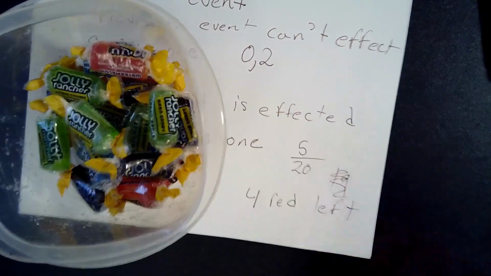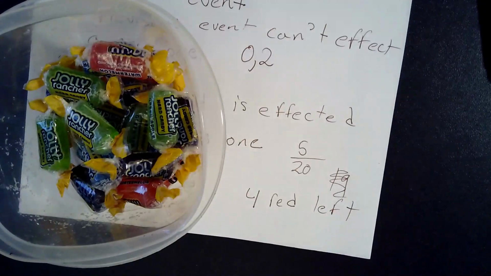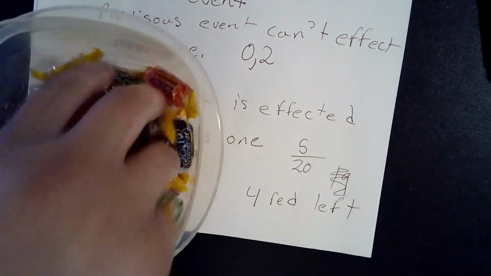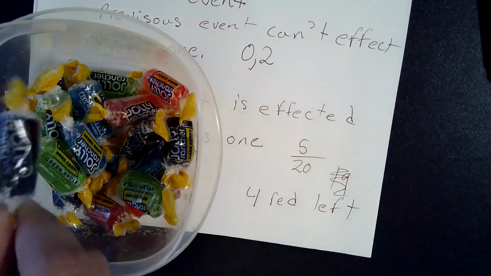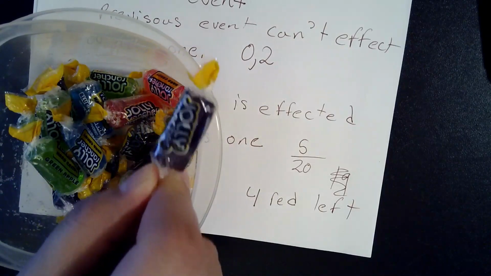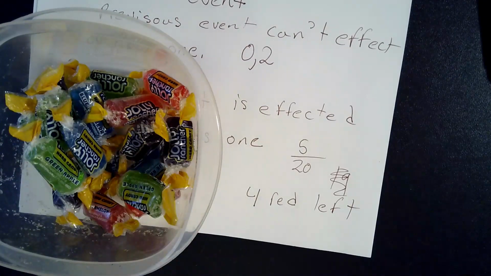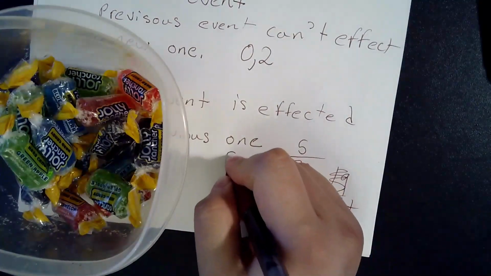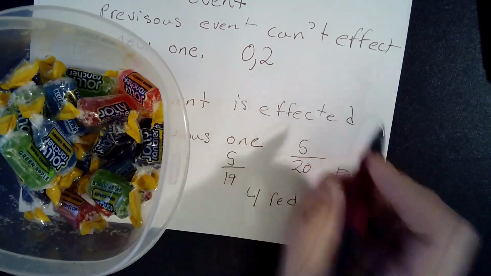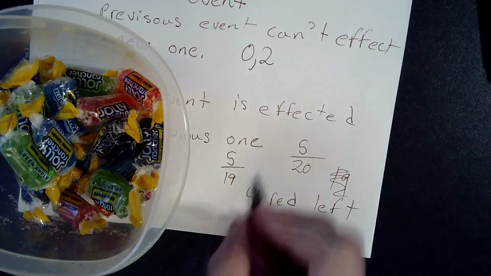So now I have a bigger chance of picking another color. Okay? So let's pick another color. I picked a purple, right? I still have a 5 in 19 chance of picking that purple.